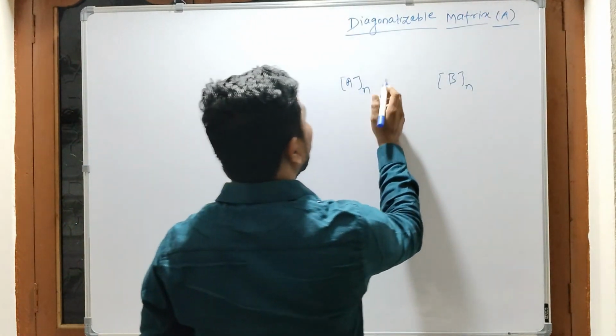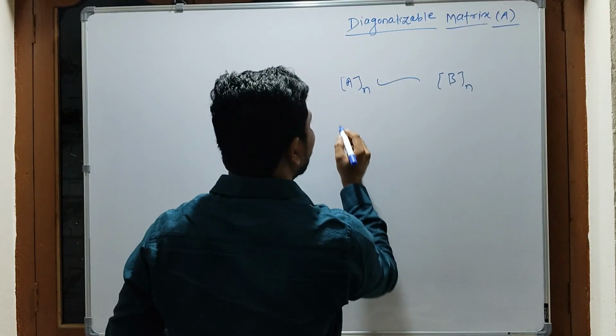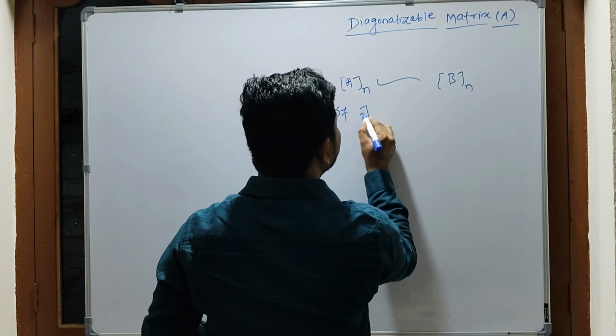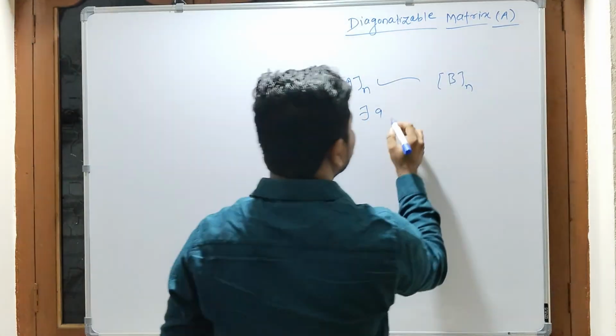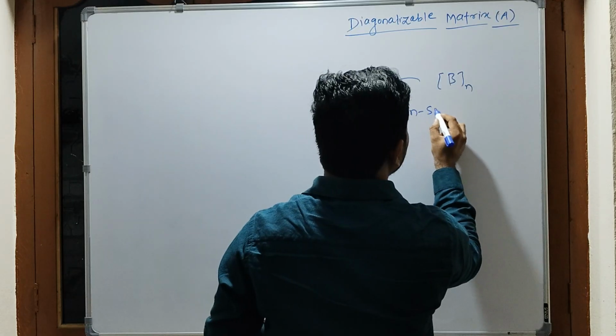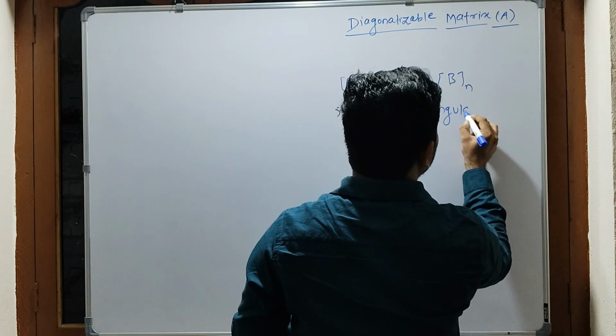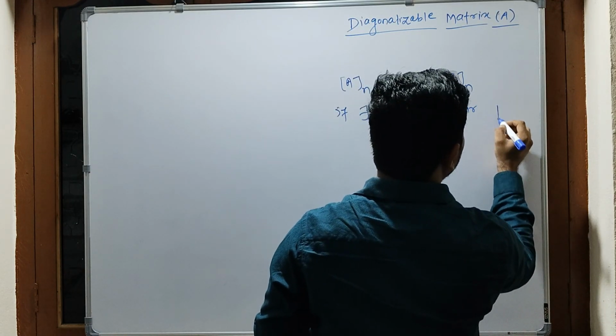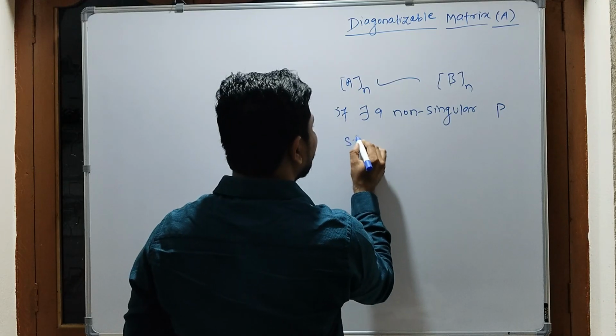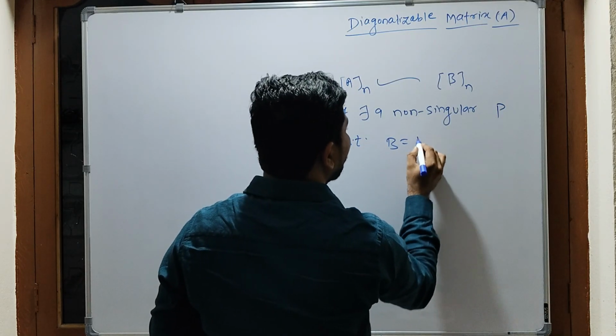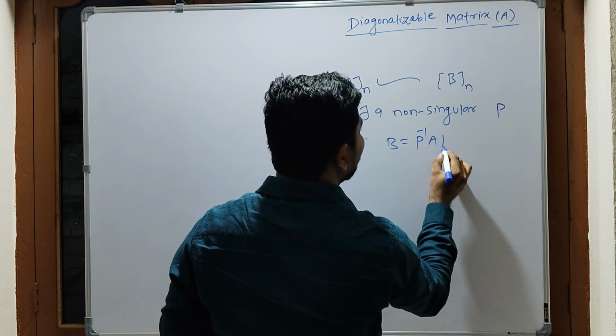B is similar to A if there exists a non-singular matrix P such that B can be written as P inverse A P.